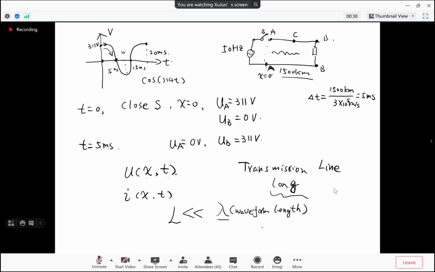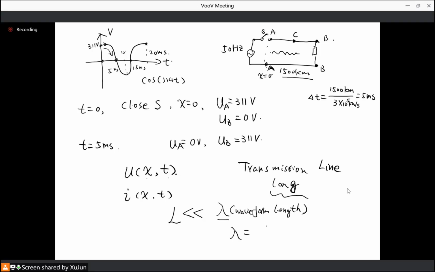Lambda equals the speed c over the frequency f. We know the speed in the power system is 3 kilometers per second, but the frequency is 50 hertz, so it will equal 6,000 kilometers.